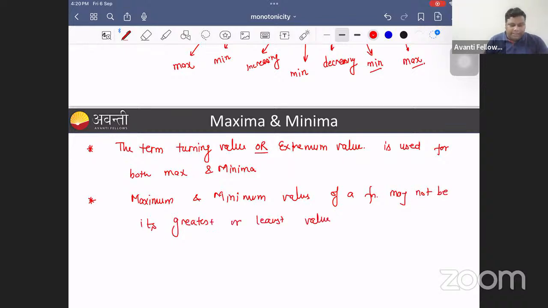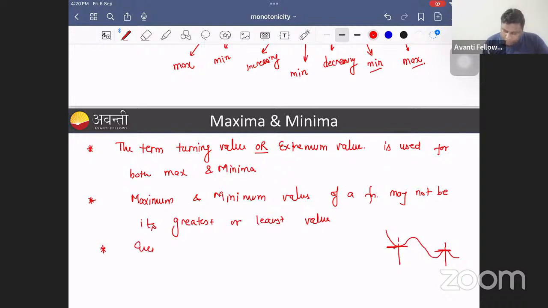May not be its greatest or least value. Even at times, it may happen that a minimum value is greater than a maximum value, like this. This is minimum and this is maxima, and this minimum value is greater than this maximum value.